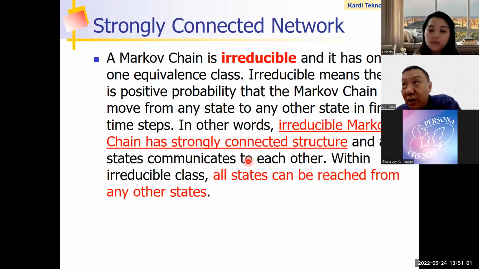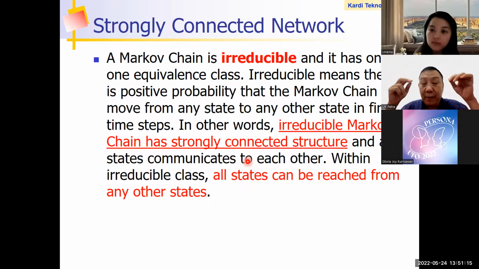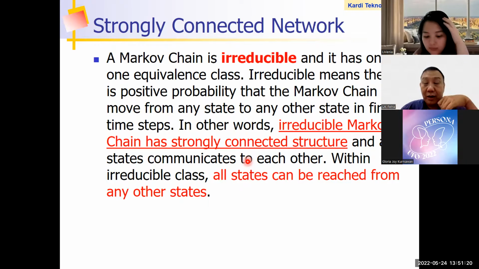What's the meaning of communicate? That means you can go to the other state; there is an arrow, a path, a sequence of arrows from any node or state to any other node or state. So all states can be reached from any other state. That's the meaning of irreducible.